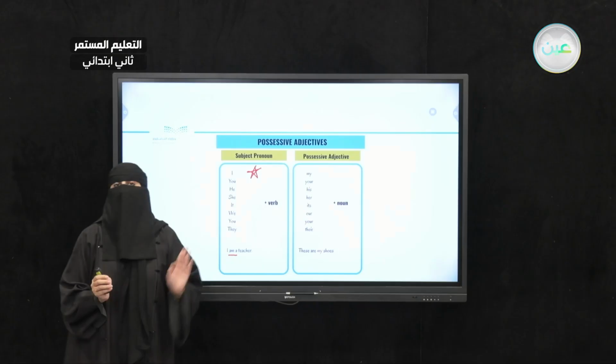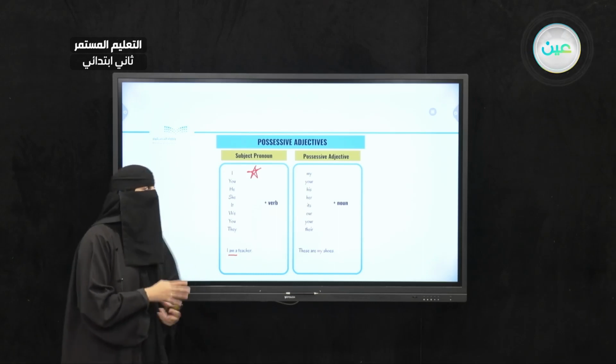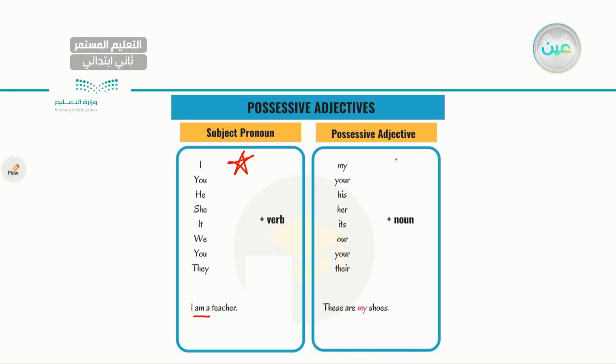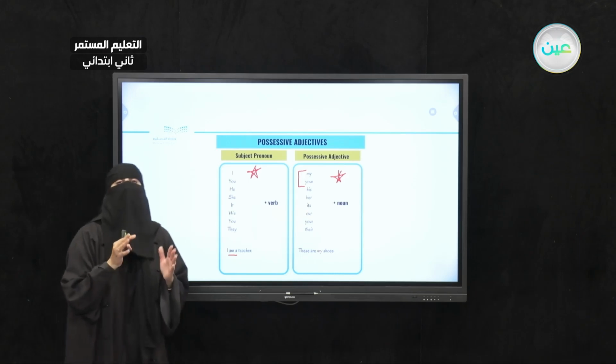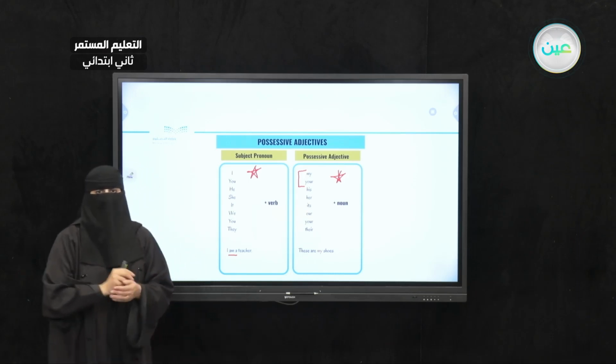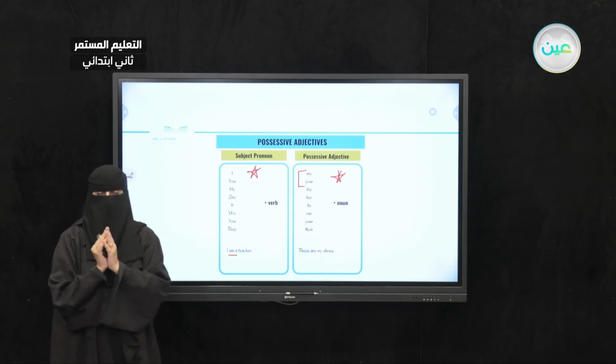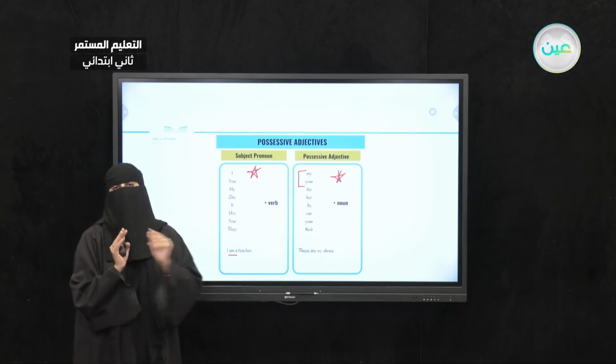We already know this, but I need to introduce the possessive adjectives. And mostly I'll be focusing on these two, my and your. If I ask you whose book is this? Who does it belong to? Who owns this book?